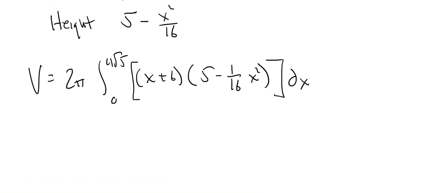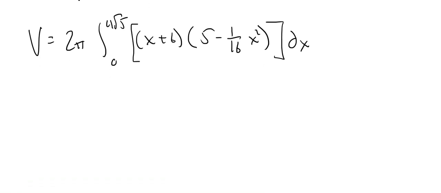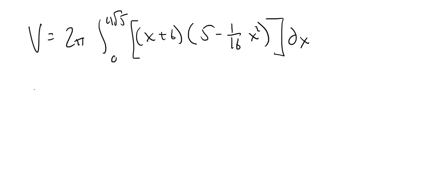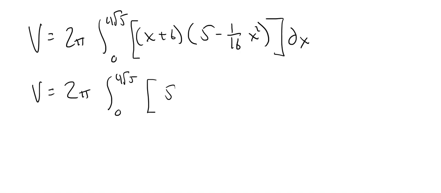All right, before we can actually integrate this, we want to simplify. Just do a little bit of algebra on it. And so we have x times 5 is 5x. We have x times a negative 1/16 x squared would be negative 1/16 x cubed.